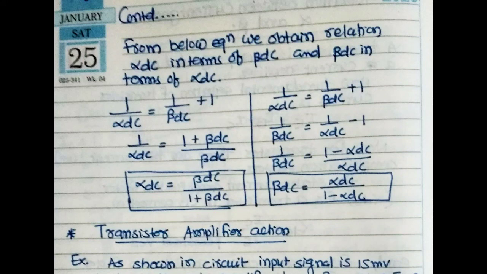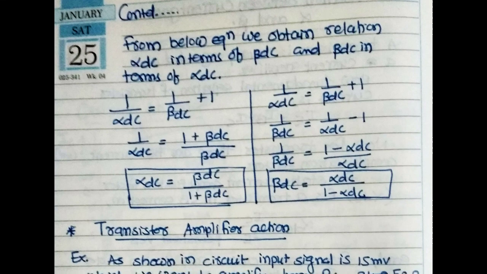From the above equations, we get alpha DC in terms of beta DC: alpha DC is equal to beta DC divided by 1 plus beta DC, and beta DC is equal to alpha DC divided by 1 minus alpha DC. So these are the main relations between alpha and beta.